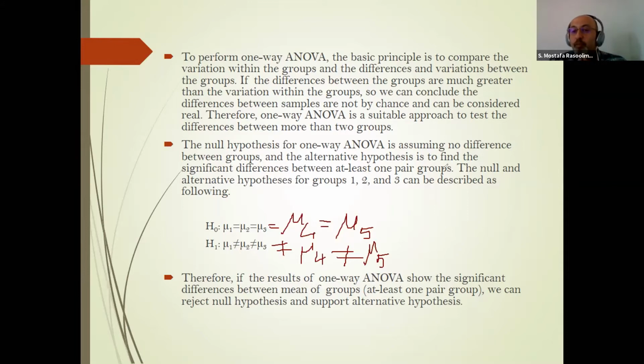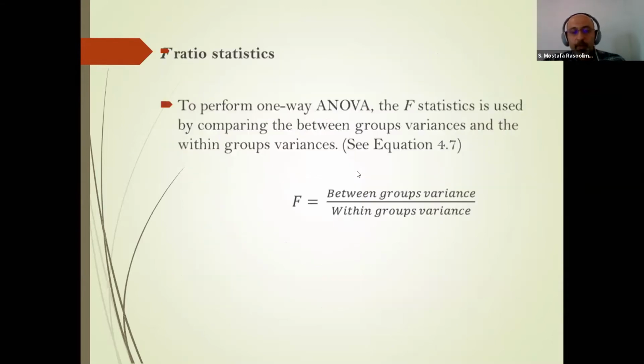So if we have more than 2 groups in the independent variable and want to compare a dependent variable like satisfaction for more than 2 groups, we have to use one-way ANOVA. To check this, for hypothesis testing in ANOVA, we have to use the F statistic, and this is the formula for the F statistic.